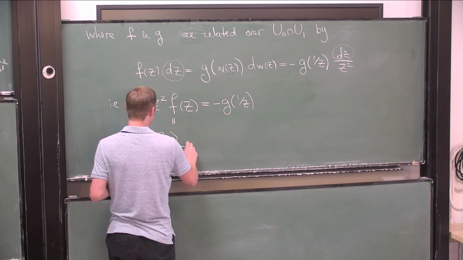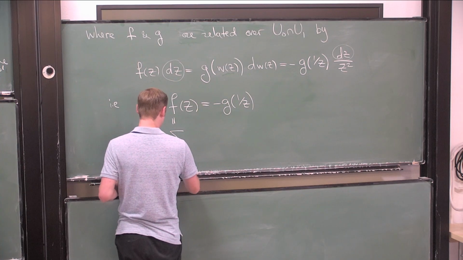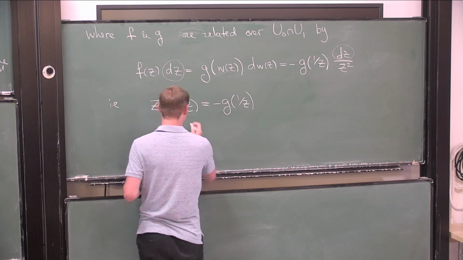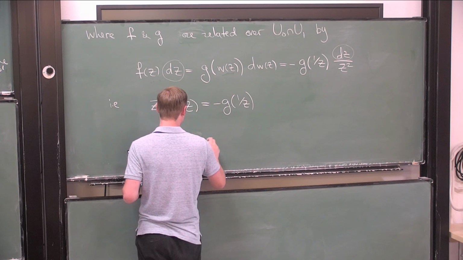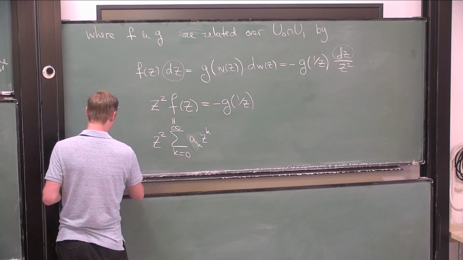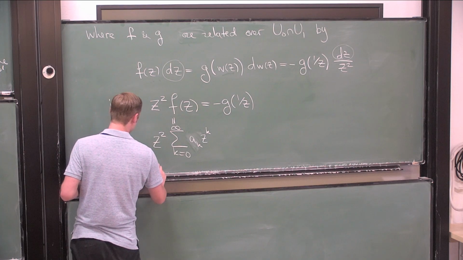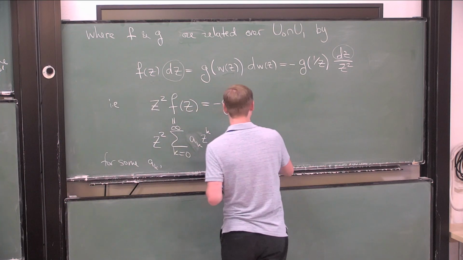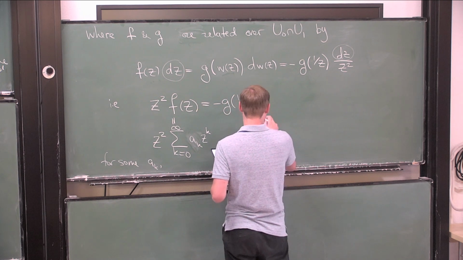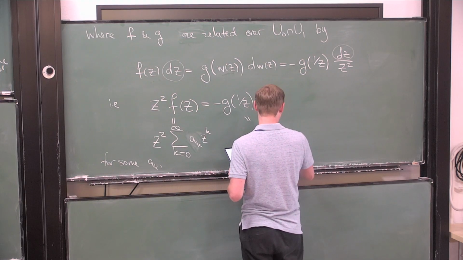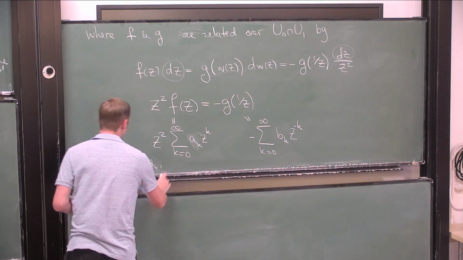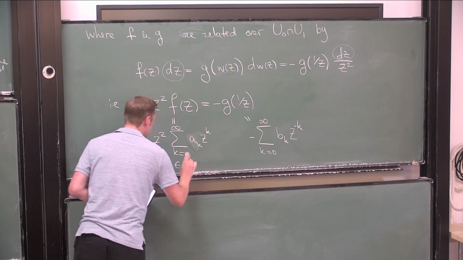If I just consider them order by order in z, I write a_k z to the k for some complex numbers a_k, and similarly here we have minus a power series expansion now in the powers of 1 over z. So a_k and b_k are some complex numbers.